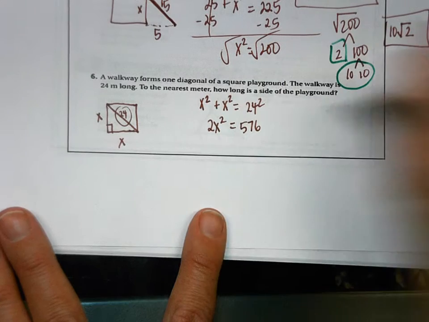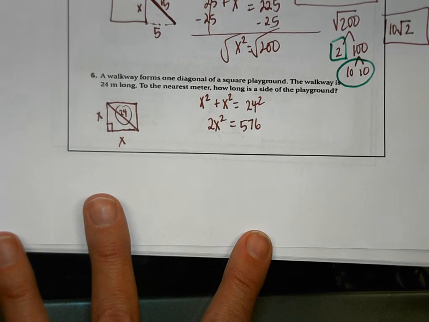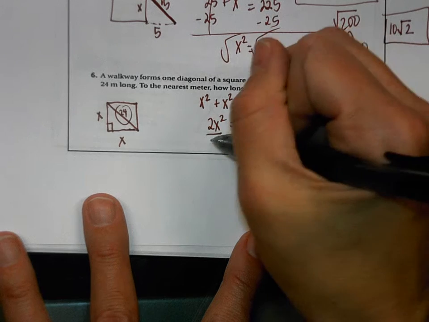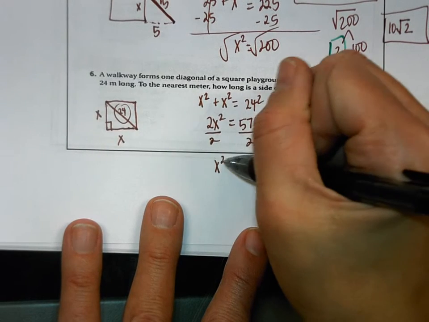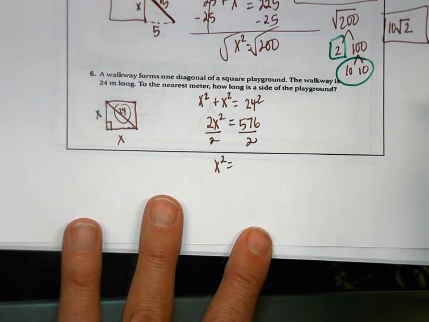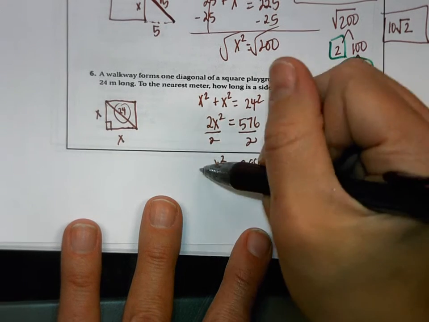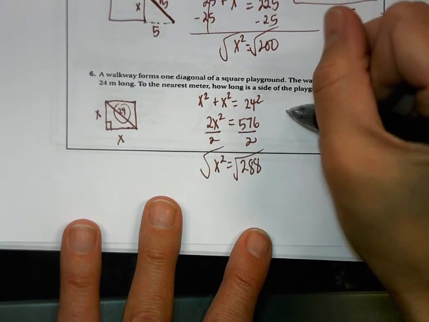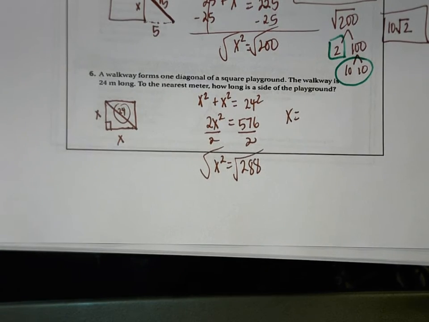Good. Okay, and then what would I do to solve this? Divide by 2. We have x squared equals, and 576 divided by 2 is good. And then we can take the square root of both sides, and we get that x equals, plug it into your calculators, what do you get?